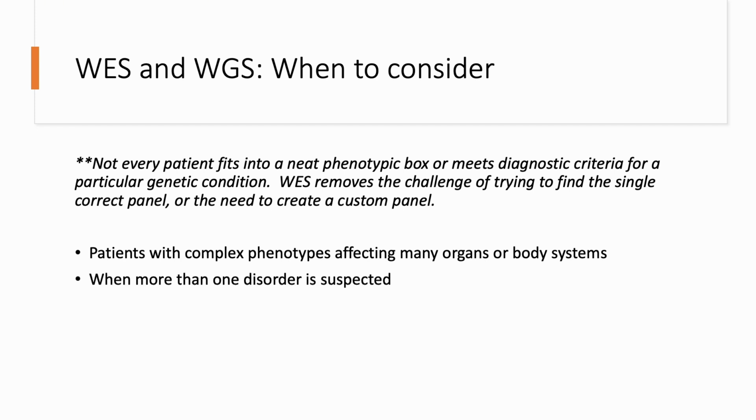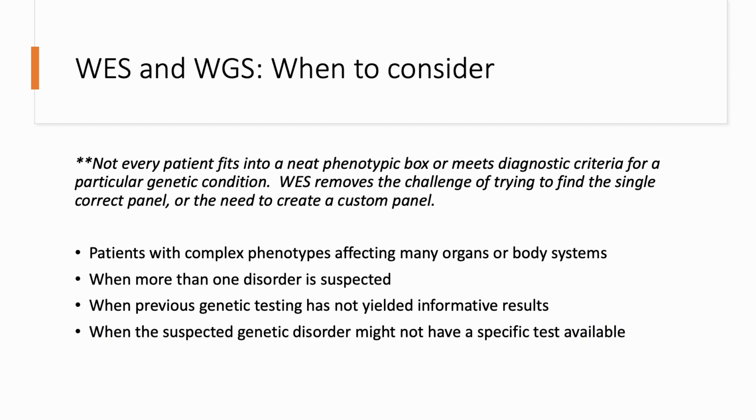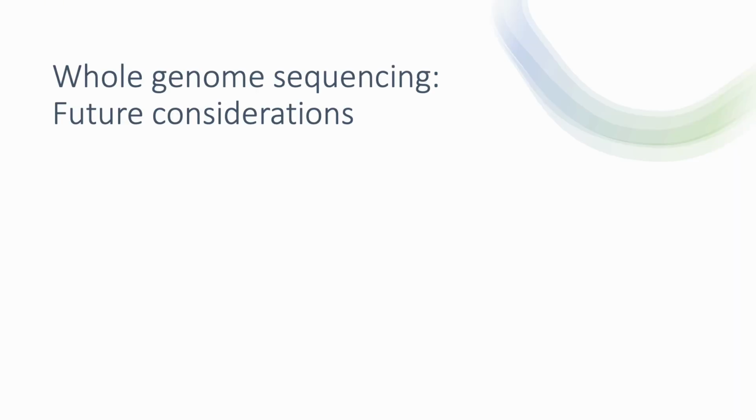Whole exome sequencing and whole genome sequencing are particularly useful when symptoms suggest multiple conditions or when previous genetic tests were inconclusive, offering a broader view to uncover overlapping or hidden disorders. These methods are also valuable when no specific test exists for a suspected condition, providing insights into rare or newly identified disorders. Let's now look at the future considerations for whole genome sequencing.